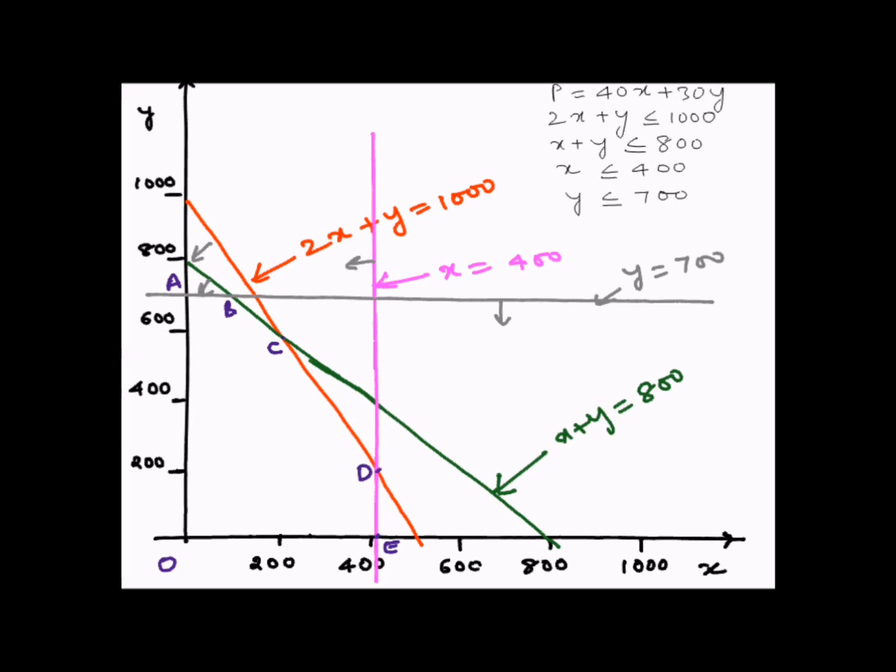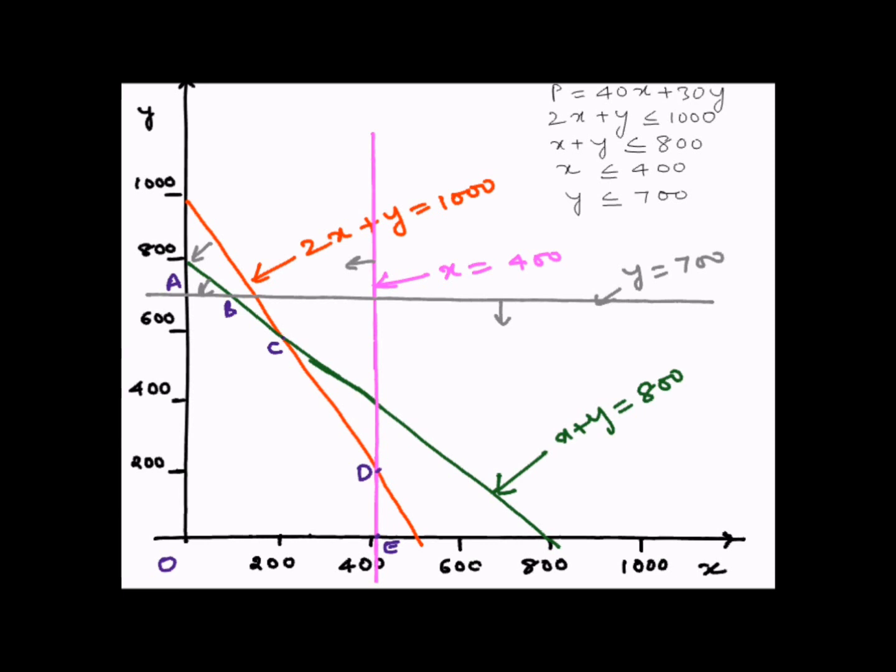However, we need to find the point or the value of x and y at which the profit can be maximized. Now there are two ways to do that. First is that we can draw a series of parallel lines for the objective function, which is p is equal to 40x plus 30y.